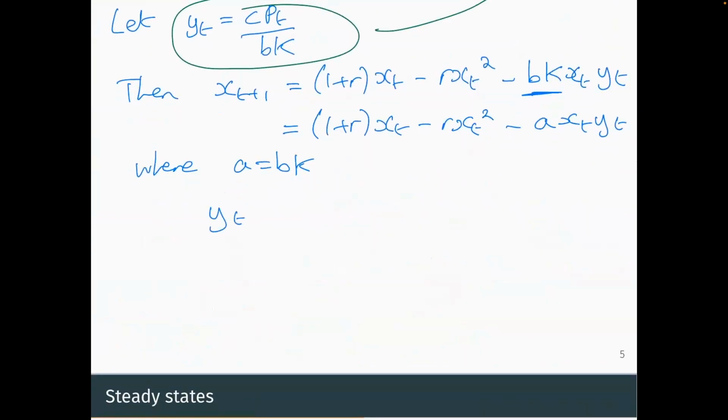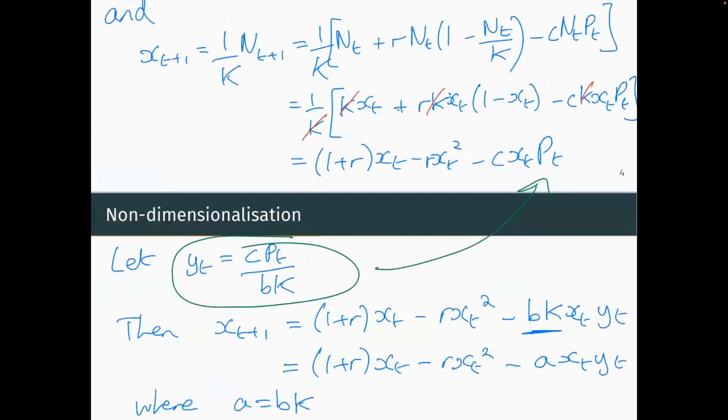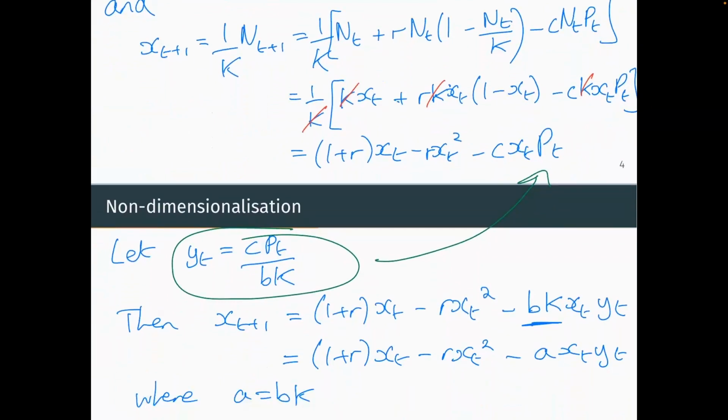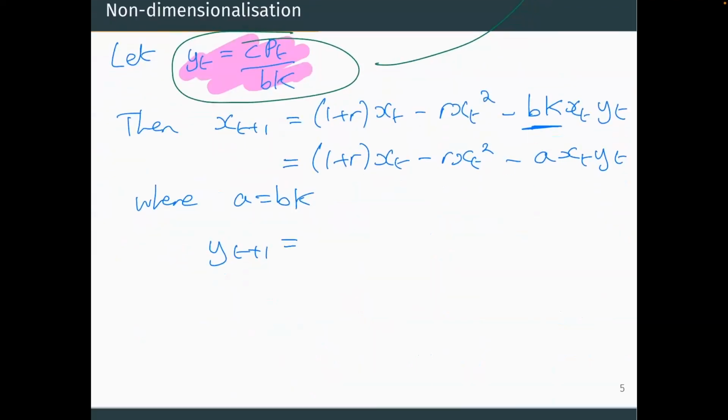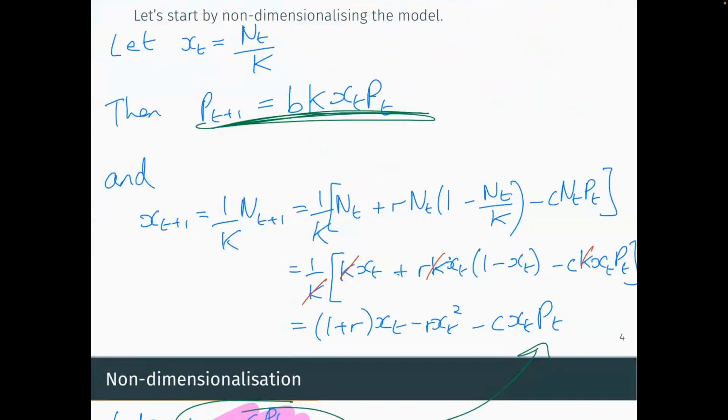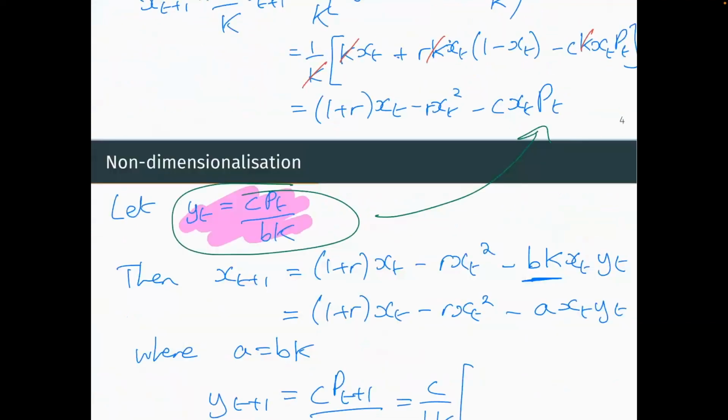Then yt plus 1 is going to be equal to c times pt plus 1 over bk. That's from this equation here. So let's just write that down first before we get too far ahead. So we need c pt plus 1 over bk, which is equal to c over bk times pt plus 1, which up here is bk xt pt.